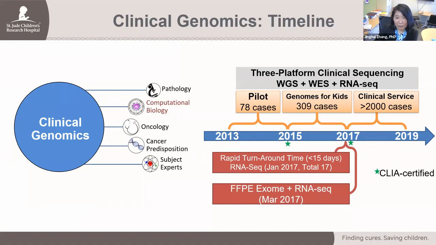Also in 2017, we started to analyze real-time clinical sequencing for every patient. Currently, we have already analyzed over 2,000 cases using the combination of the 3 platform, rapid RNA-seq and FFPE protocol.